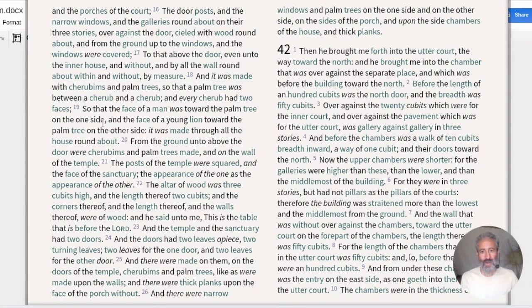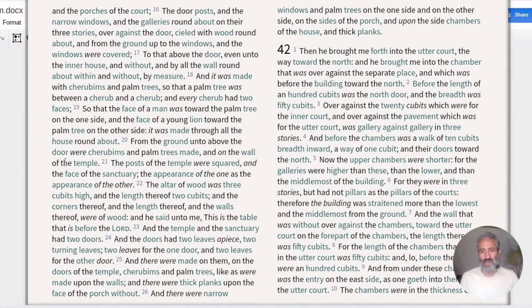And it was made through all the house round about, from the ground even unto the door were cherubims and palm trees made on the wall of the temple. Okay, so the cherubims and palm trees are decorated in the temple, and of course that's what we'll show you.